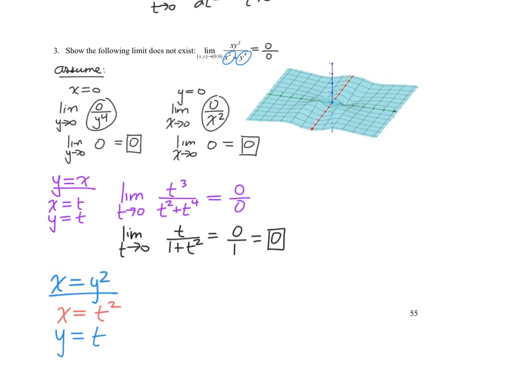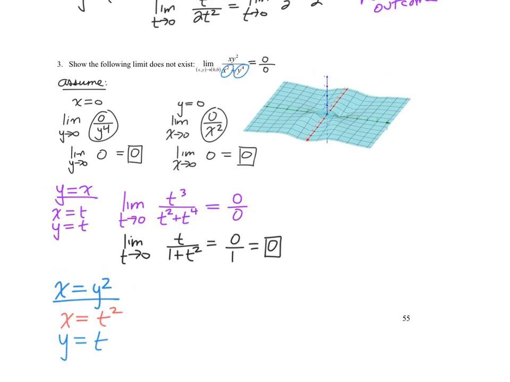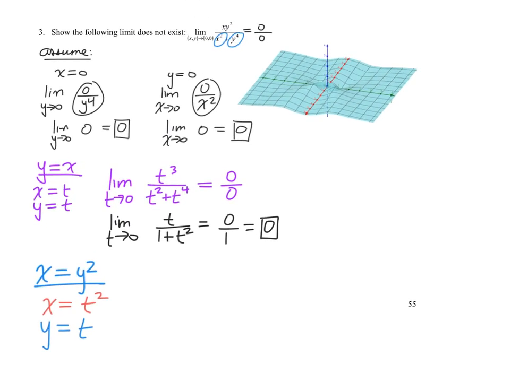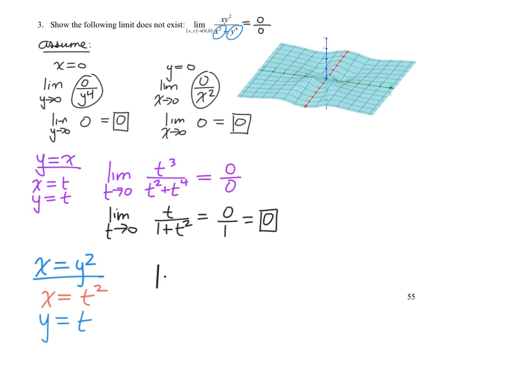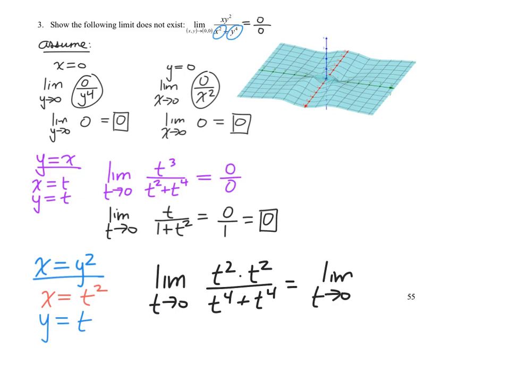That's not as appealing. It would still do the job exactly the same way, just not as nice. So limit as t approaches 0, t squared times t squared over t to the 4th plus t to the 4th. Limit as t approaches 0 of t to the 4th over 2t to the 4th.